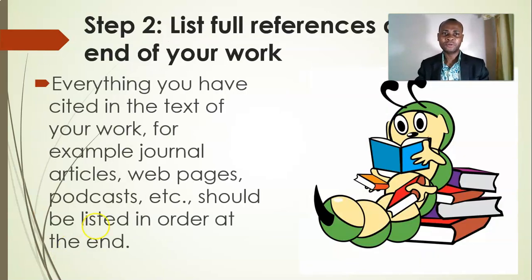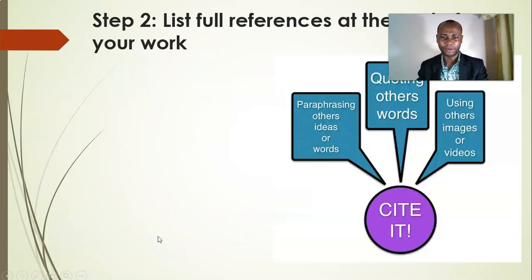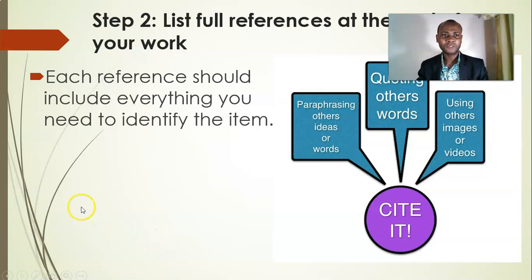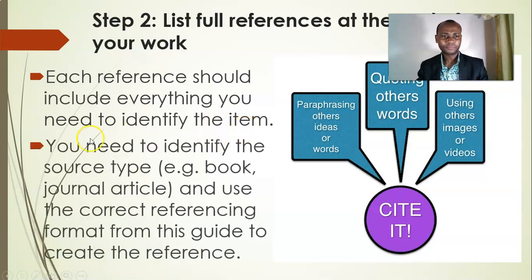Okay, step 2, list of references at the end of your work. Everything you have cited in the text of your work, for example the articles, the web pages, the podcasts, the books, and so on, should be listed at the end of your work. Each reference should include everything you need to identify it.